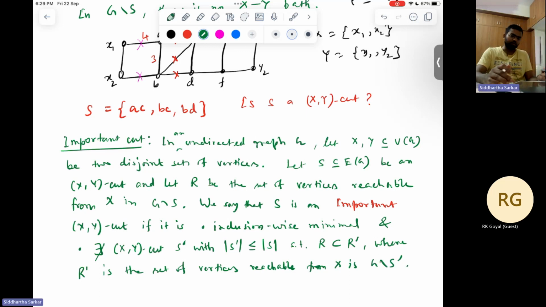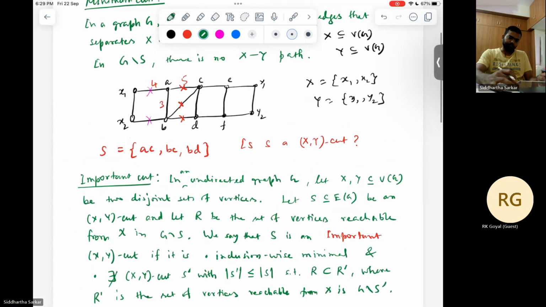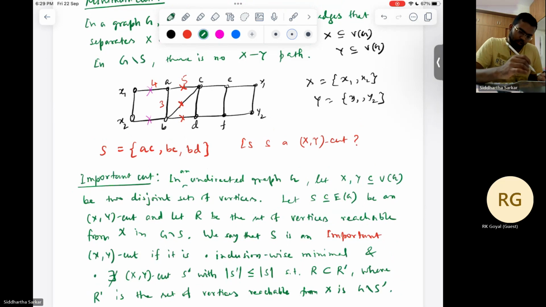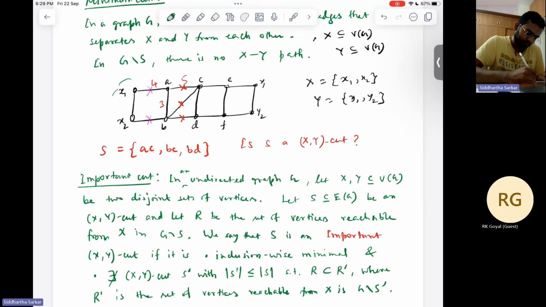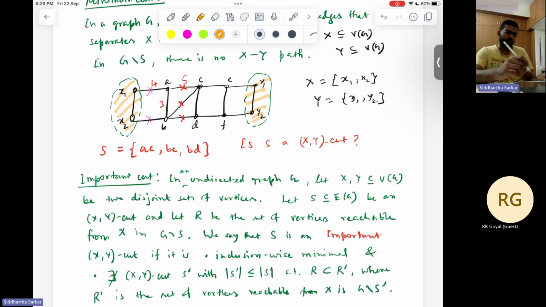So I'll just use this example. In this example, this is our X and this is our Y. So we consider this cut that you have suggested.